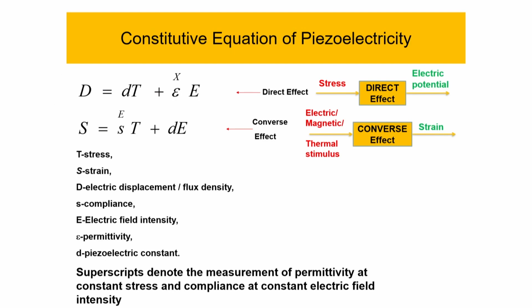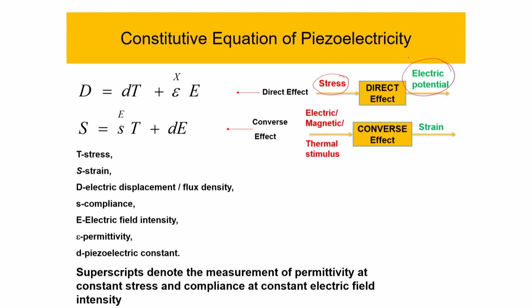So, such piezoelectric material, I have talked in detail about it in my course on smart materials, but here just to give you an idea, these things have two effects. One is called a direct effect, another is called a converse effect. In the case of a direct effect, if you are applying stress, which is what is happening in this case, you are going to get electric potential.